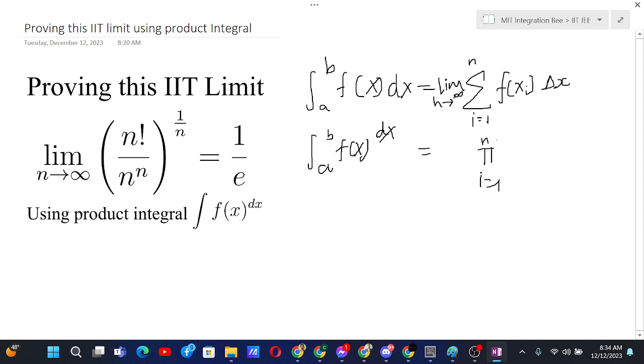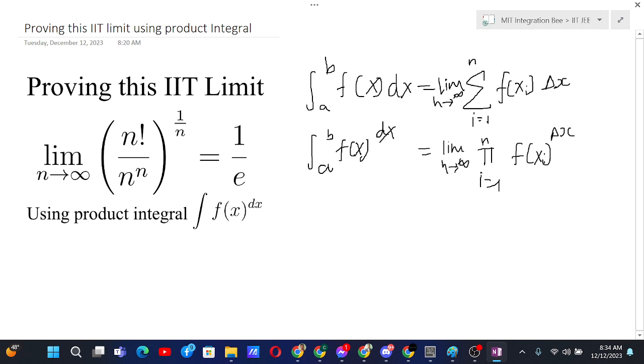Now when sum goes to product, the product will go to exponent. Since product is repeated sum, exponent is repeated multiplication. So that's why when sum goes to product, product will go to exponent. So we will have f of xi to the power delta x.